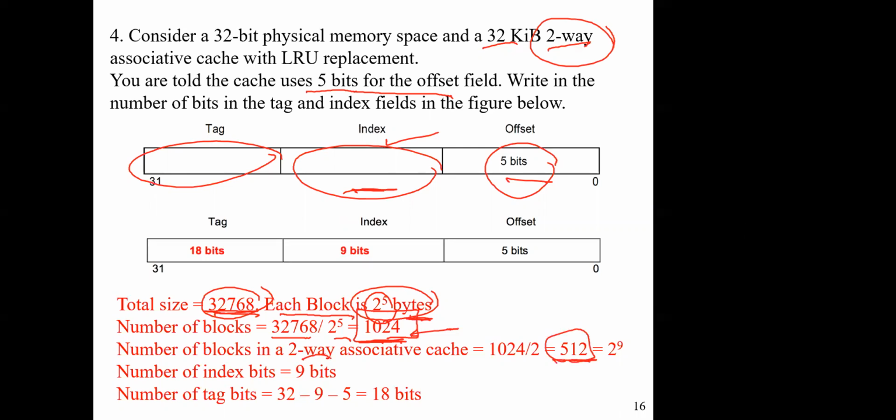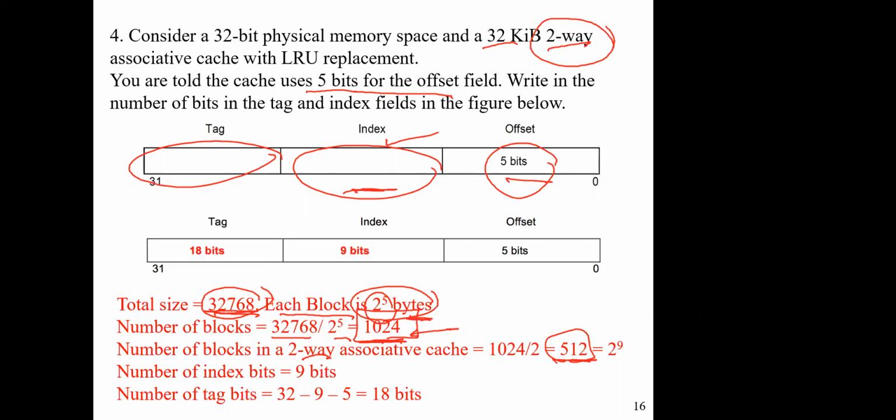So 512 sets. Because with the two-way associative, I have combined 2 floors into one. You can think of it like 2 parking spots under one set, which will decrease the total number of blocks by half, correct? And instead of having 1024 blocks, I now have 512 sets.